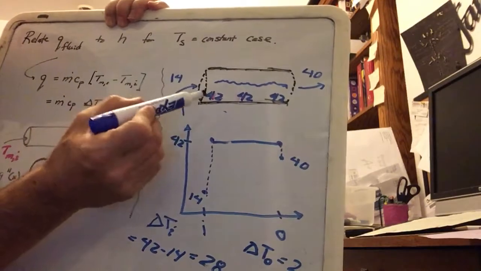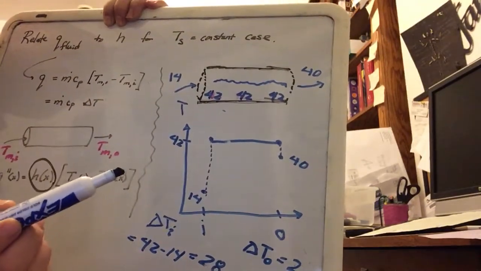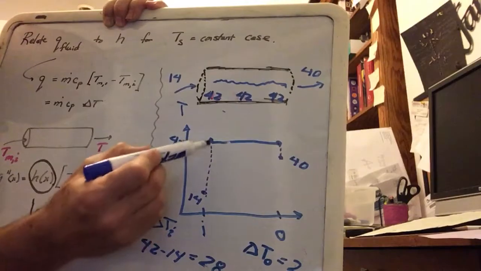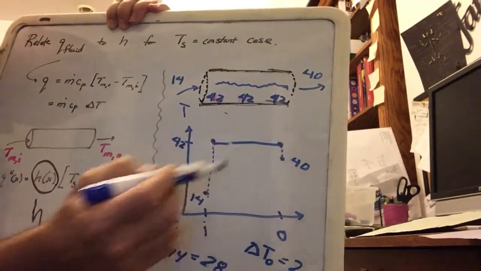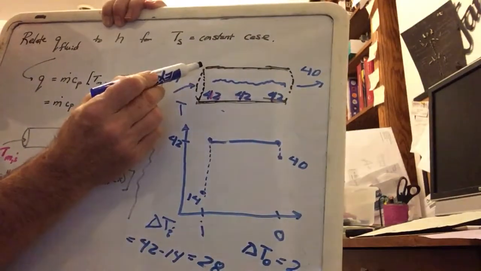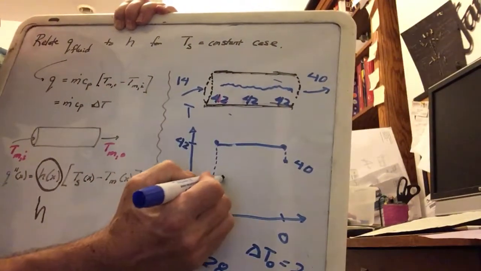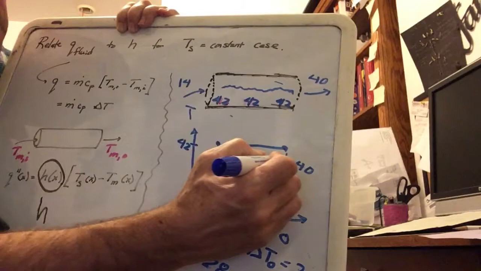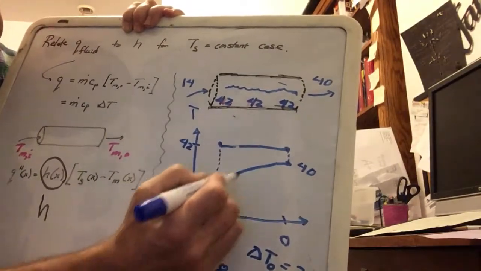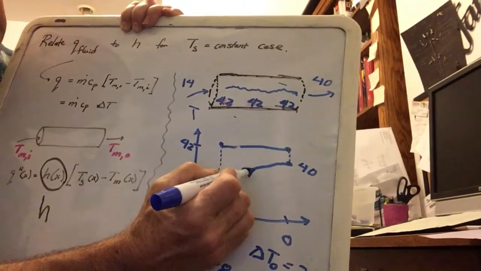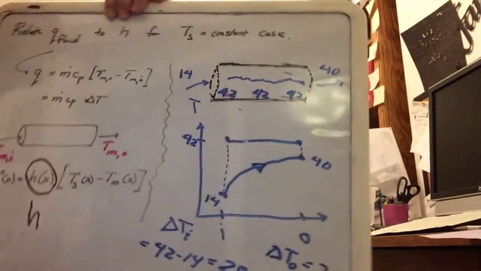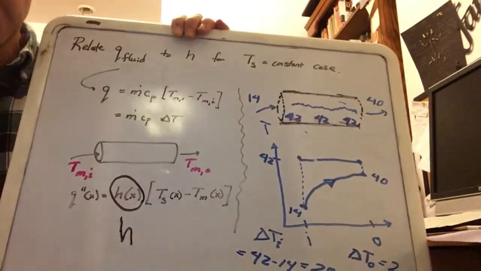Well, again, it's happening by convection, and convection is driven by delta T. We have a big delta T here, a small delta T here. We're going to get a lot of heat transfer at the beginning of the pipe and less down at the end. So the fluid is going to rise quickly at first, and this rise is going to become less steep as you go along. All right, so that's where we left off.